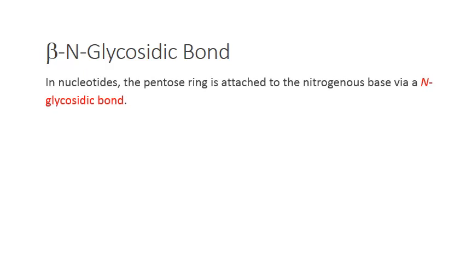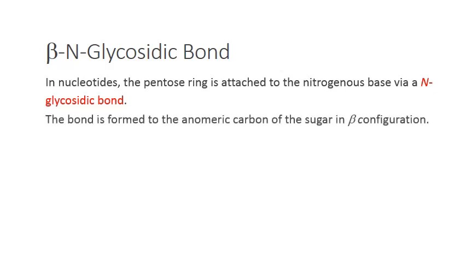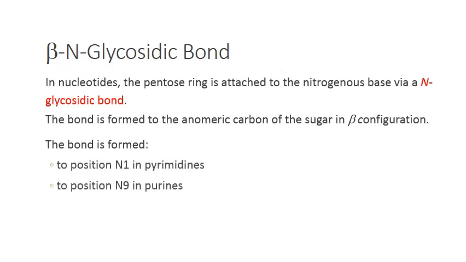So in nucleotides, the pentose ring, so the sugar ring, is attached to the nitrogenous base via an N-glycosidic bond. Okay, so this is where the base attaches to the sugar. So the bond is formed at the one of the carbons of the sugar in a beta conformation, and I'll show you the structure of that in a second.